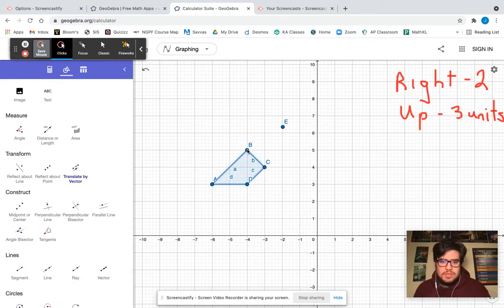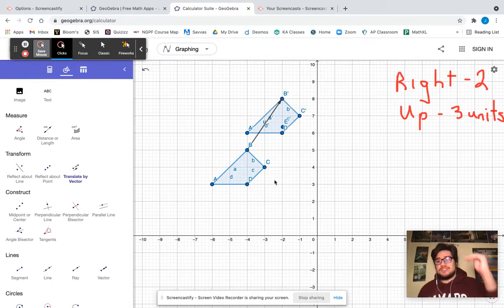We're going to go over 1, 2 to the right and up 1, 2, and 3. Let's try it. And notice how everything shifts up 3 units and to the right 2 units. And again, we have our A prime, our B prime, and our C prime. All right, so that's what we call a translation.